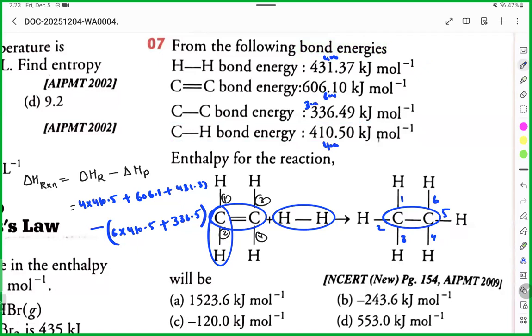Easy, we will get an approximate answer. 4 4s are 1600 plus 600 plus 400, that is 2600, minus 6 multiplied by 400, that is 2400, plus 300, that is 2700. So there will be a minus value. So the answer will be C.